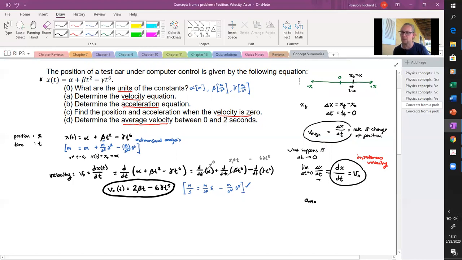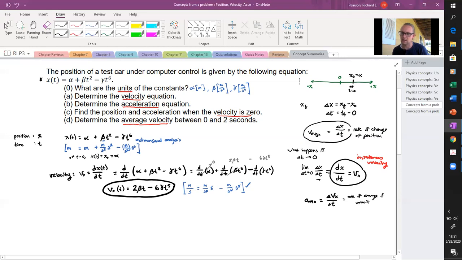A little a is what we use for our acceleration. In the x direction, it is defined as a change in the velocity in the x direction divided by the amount of time that it took for that velocity to change, also known as a rate of change of velocity.